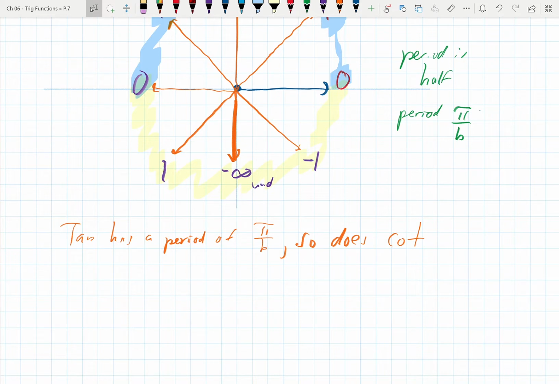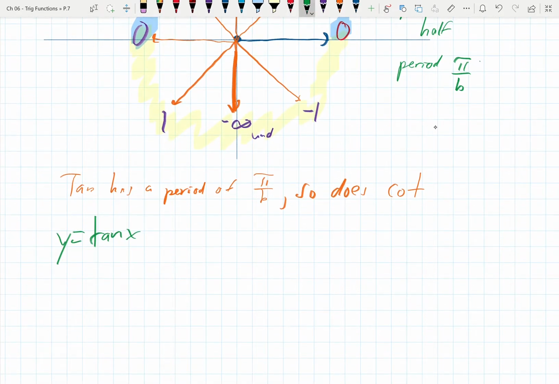We're actually going to now graph the function y equals tangent x like we would with all of them. We're only going to use those values that we did, and I'm going to t-chart them here on the right side for good measure. Theta, well, I should probably just do x and tangent x to keep it in xy form. 0, 0, pi over 4, 1, then pi over 2, infinity or undefined.